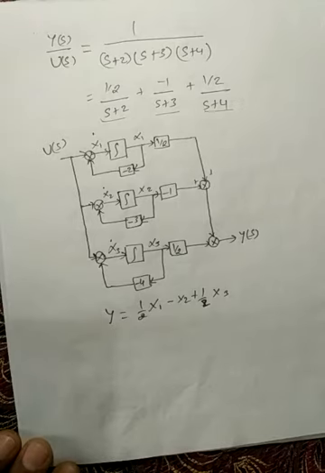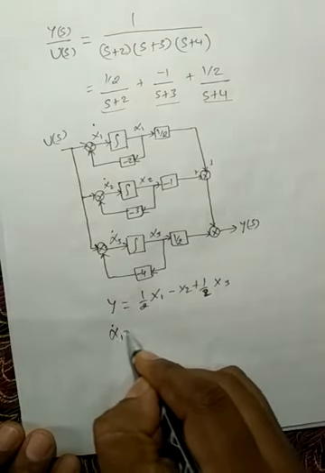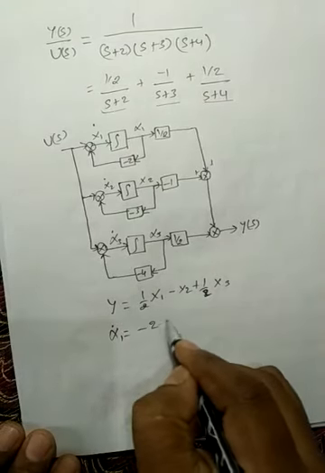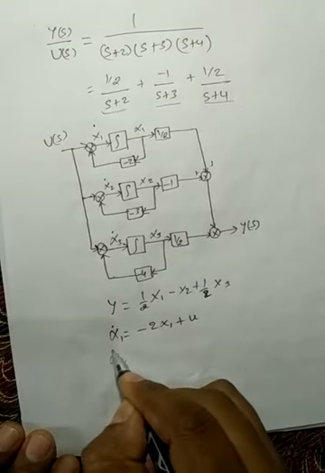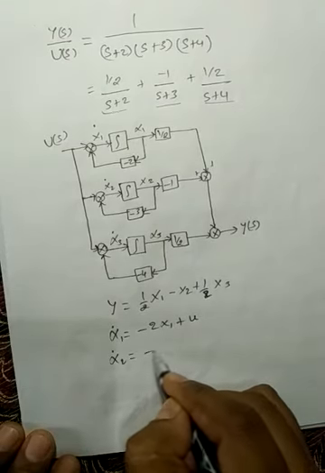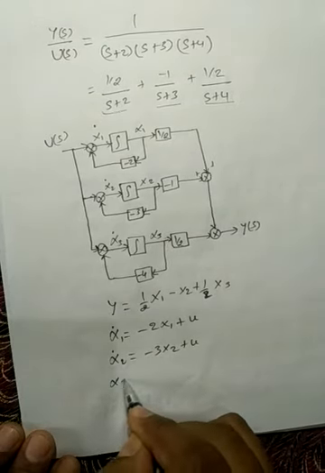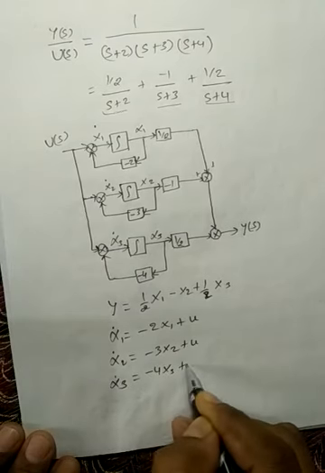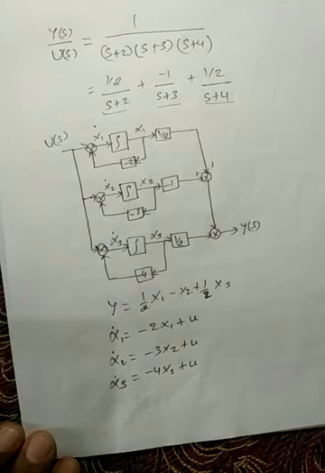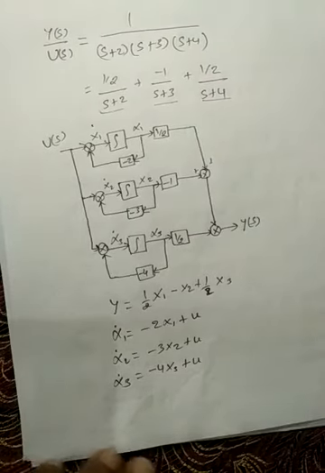And x1 dot is equal to minus 2 x1 plus u. x2 dot is equal to minus 3 x2 plus u, and x3 dot is equal to minus 4 x3 plus u. This is the state model.